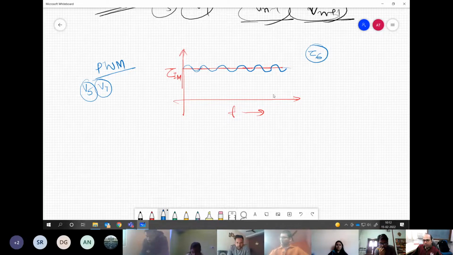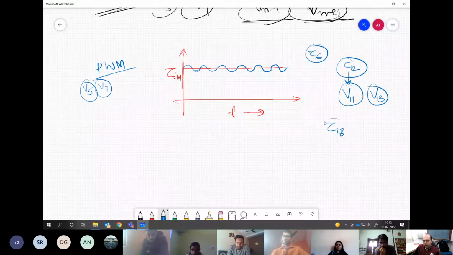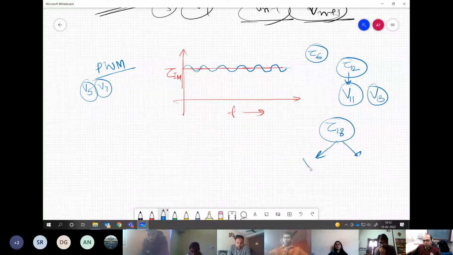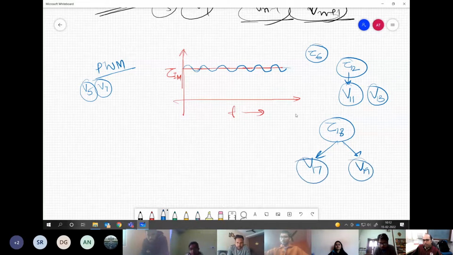Now you will obviously have a 12th harmonic also, because you have V11 and V13 present in the system. Similarly, you may have tau 18 because of V17 and V19, and so on. We may have many more torque harmonics. So when we are talking about a case where the 6th harmonic is very, very dominant, your torque waveform for the induction motor may look like this under the steady state condition.